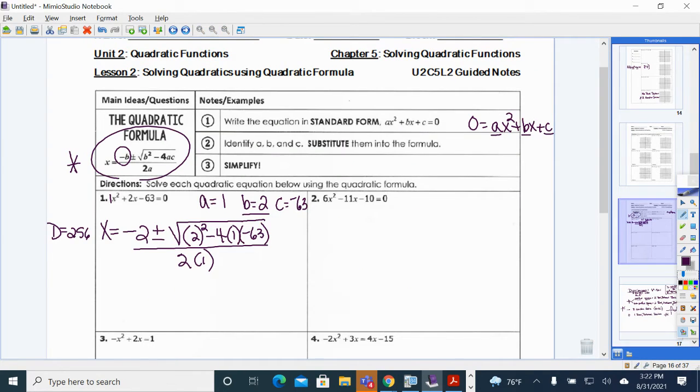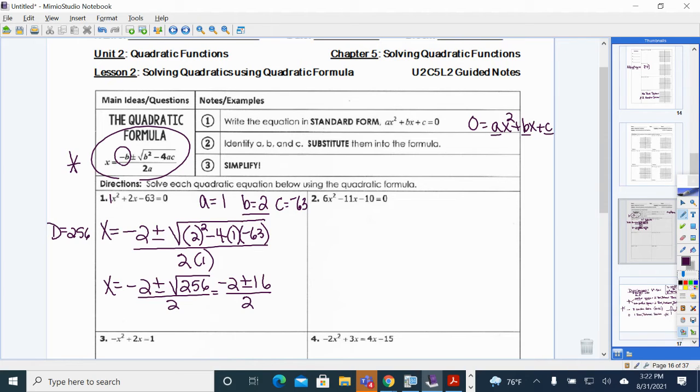So let's go back to our example. X equals negative 2 plus or minus the square root of 256, all divided by 2. Now, the square root of 256 we already said was 16. So negative 2 plus or minus 16 divided by 2. Now, that is not our answer.